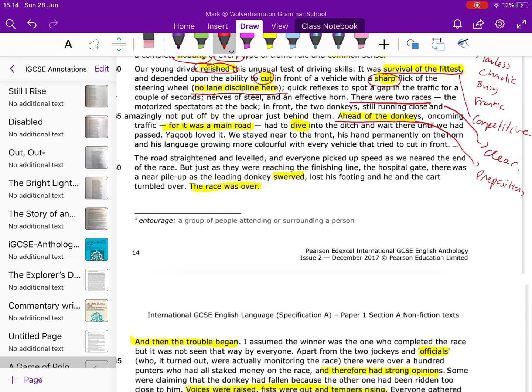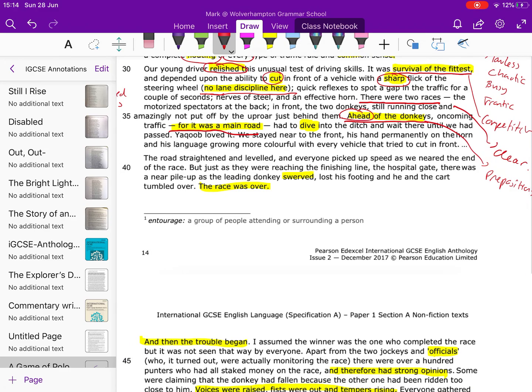So it's not happening behind, above, around, but ahead, the preposition, which again, just informs us where things are happening. And she gives us details of the location here with this parenthetical clause here. That's parentheses, but just without the brackets.